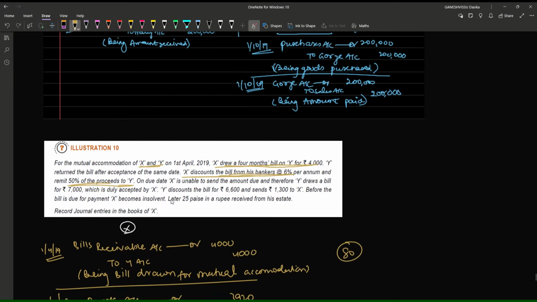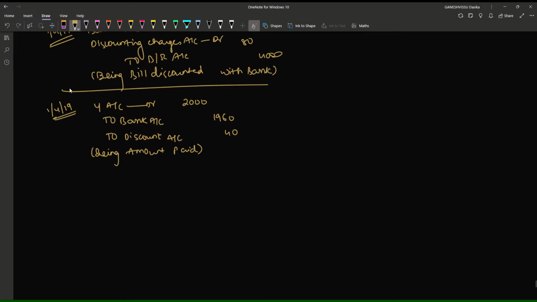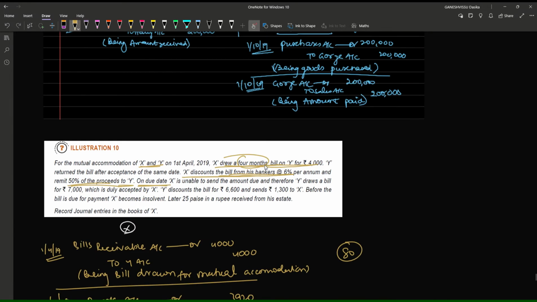And now what happened on the due date? For 4 months we need to calculate the due date. 1st April 2019, April completed, May, June, July completed, and August 4th is the due date. So August 4th is the due date.